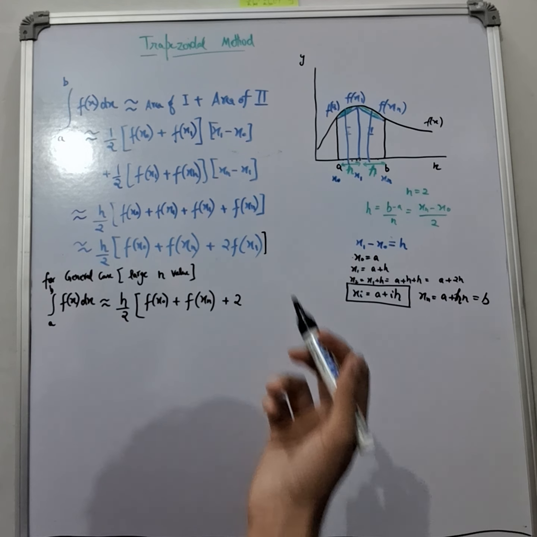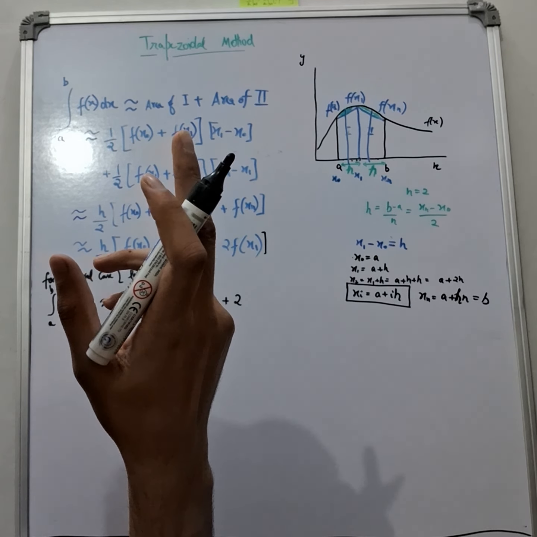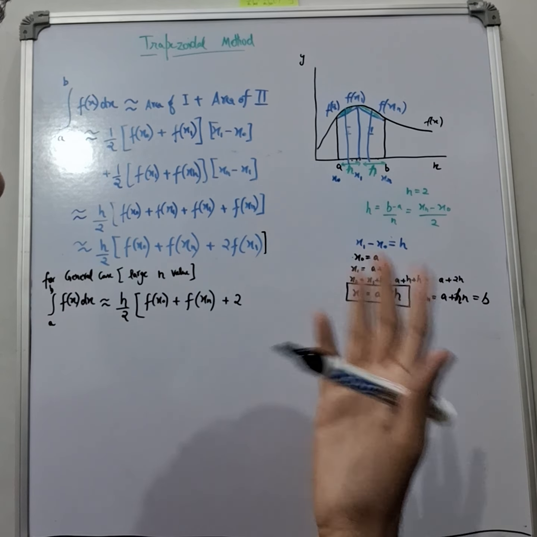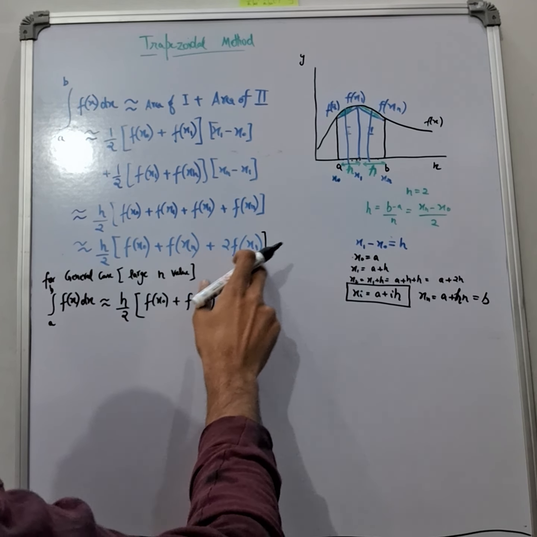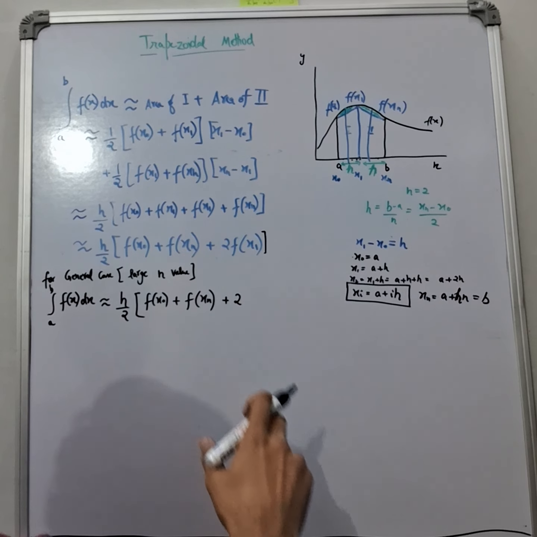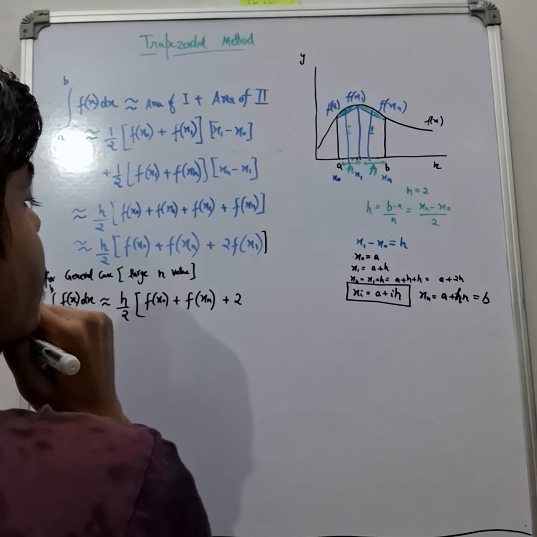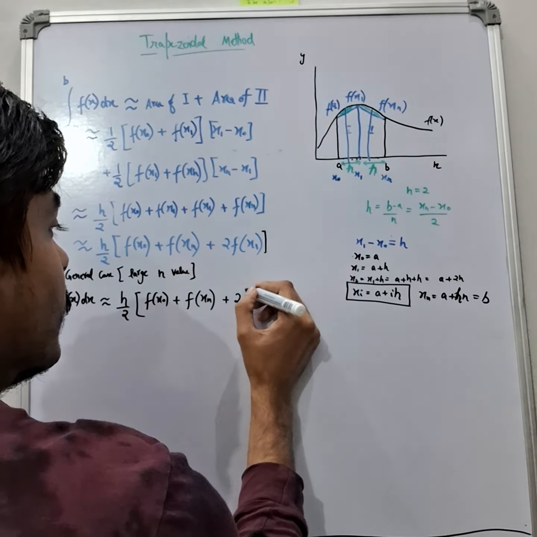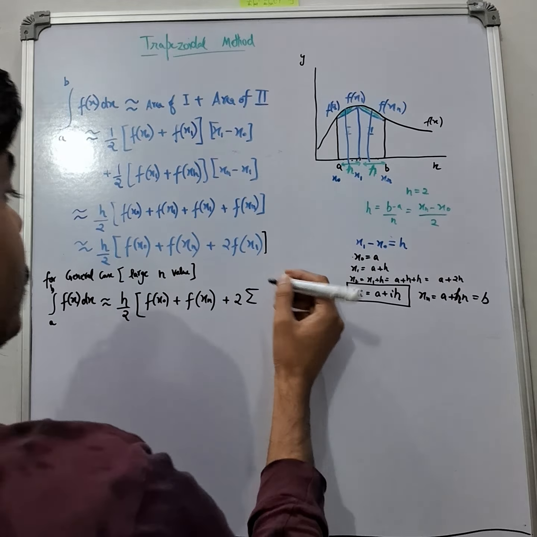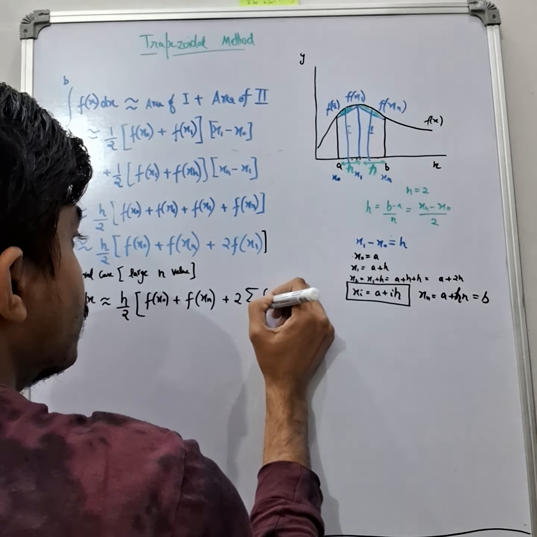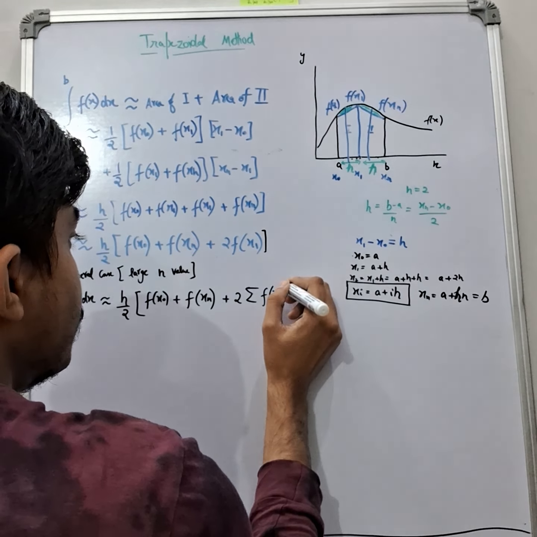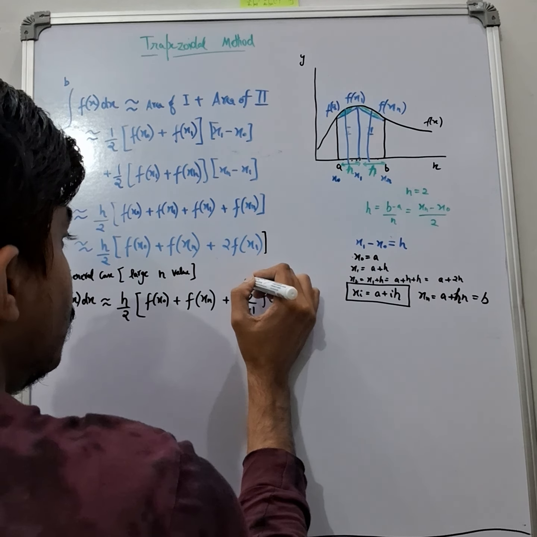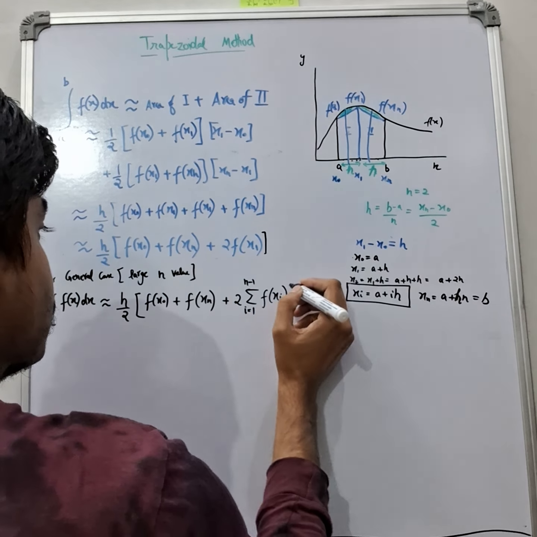So we'll be summing it over i equal to 1 to n minus 1 and not n, as we got it here. Similarly, we will generalize it like this, because when there are many points we'll have to sum them over. We are summing f(xi), summation from i equal to 1 to n minus 1.